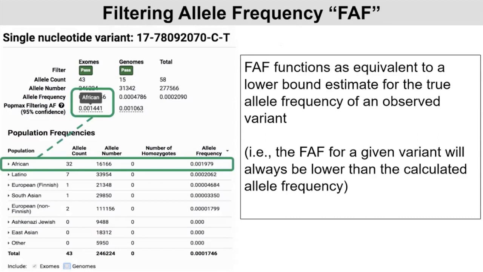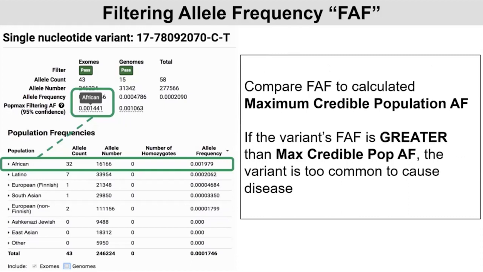So for example, here you can see that in the African population is where you saw the highest allele frequency for this variant at about 0.19%. Then you'll see the popmax filtering allele frequency is at about 0.14%. And this popmax filtering allele frequency will always be lower than the calculated one because it is building in this confidence interval to indicate what potentially the true allele frequency of this variant could be in the larger population.